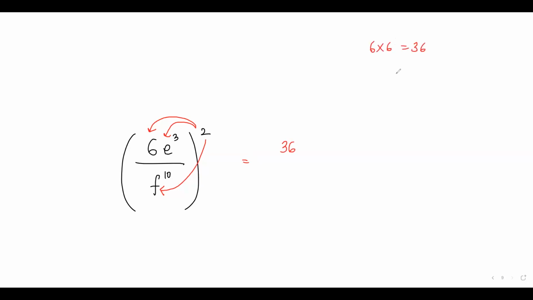Then we know e to the power 3 squared becomes e to the power 6. And it becomes f to the power 20, because 10 into 2 is 20. The same thing, but this time you have a division. Is that clear?